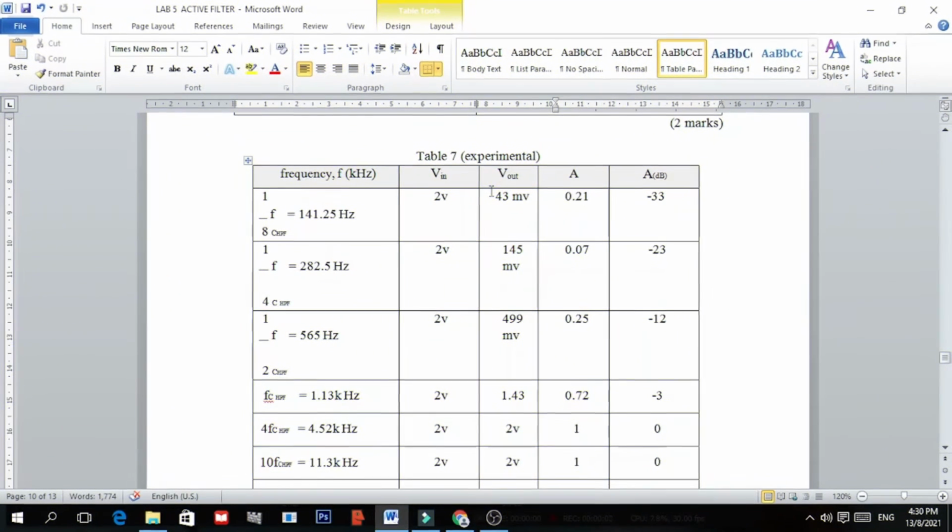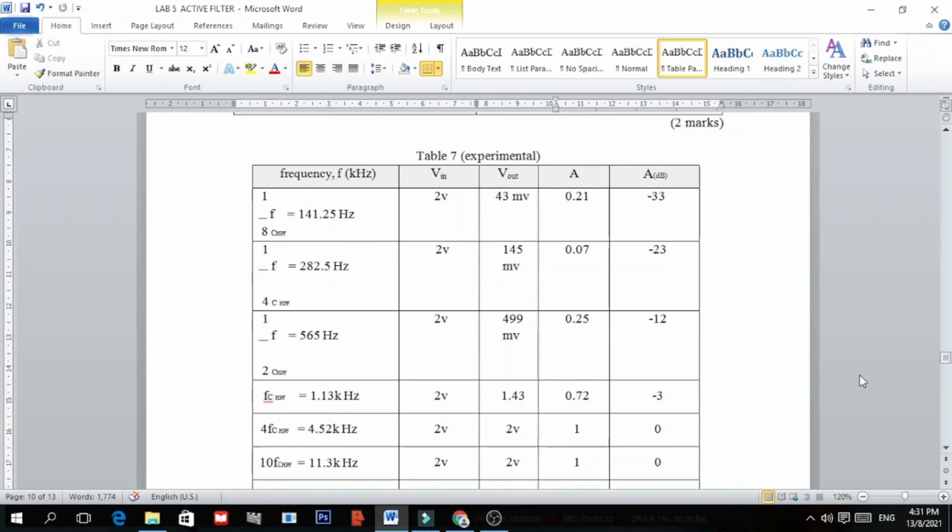As for Vout, we should replace the frequency into the circuit, replacing the values that have been given here, so you might get the Vout.